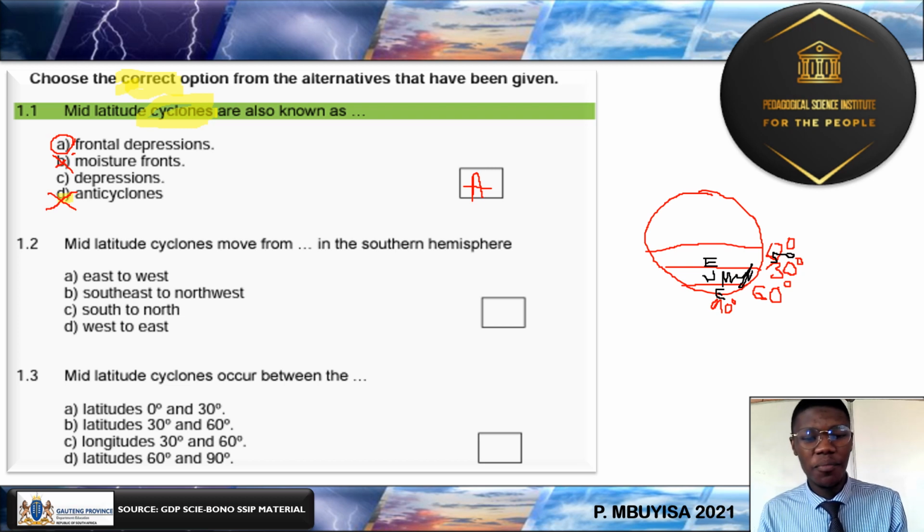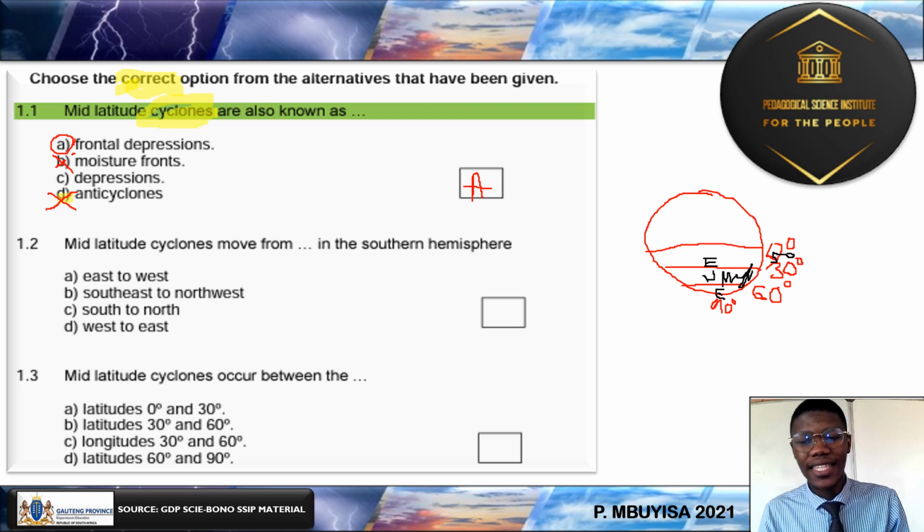So mid-latitude cyclones, remember we said they form between 30 and 60 degrees. They say here they move from east to west, southeast to northwest, south to north, west to east. Since they are found between 30 and 60 degrees and we have westerlies between 30 and 60 degrees, it means that these systems move from west to east. Remember we name winds according to where they originate.